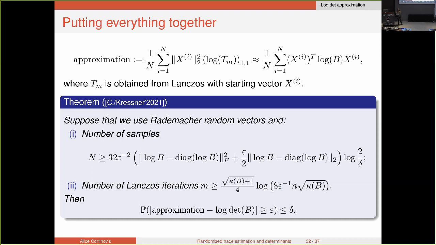But the question I wanted to ask is, a lot of these results on the theoretical side of randomized methods are based on random matrix theory. Of course, you use the results for the Gaussian, and the result by Avron is also for Rademacher. But how does it look in terms of different distributions?